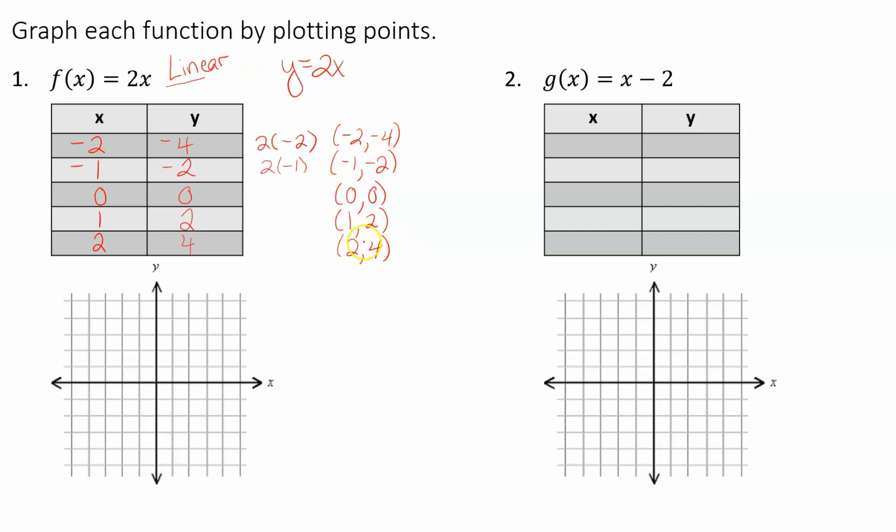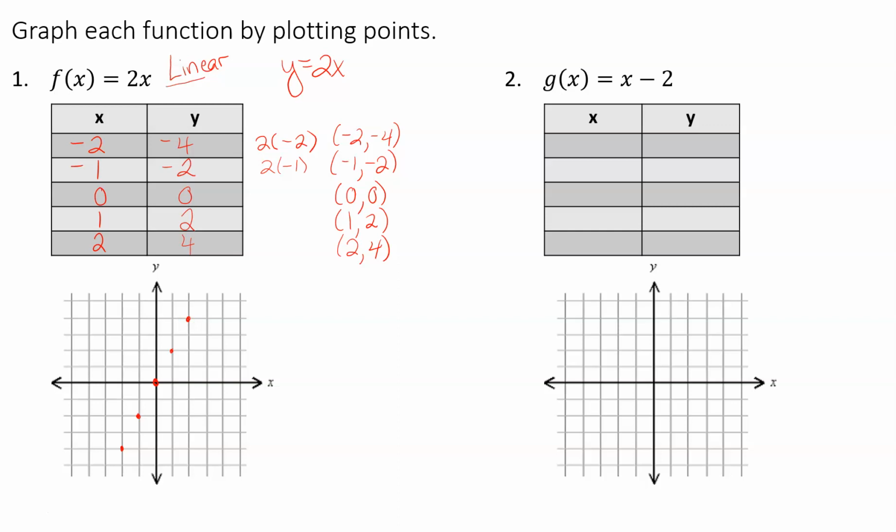We have 5 points that we need to plot on our graph. So here we go, -2, -4. So 2 left and 4 down. Put a point there. -1, -2, 0, 0, which is also known as the origin, 1, 2, and 2, 4.